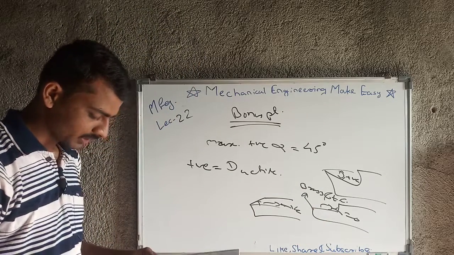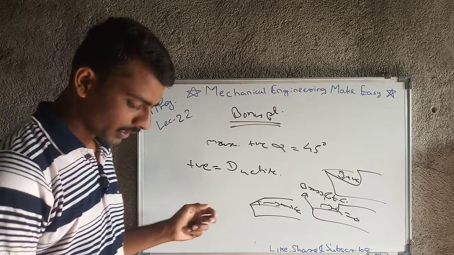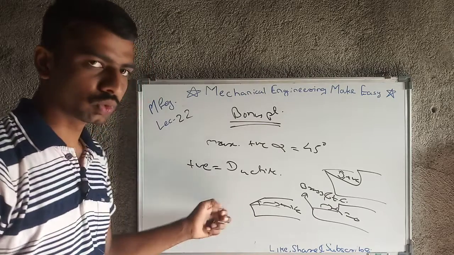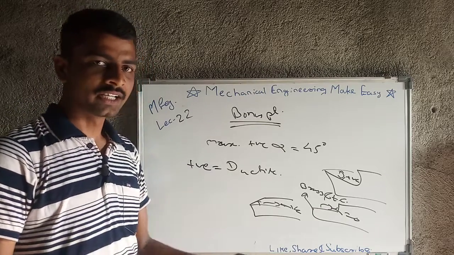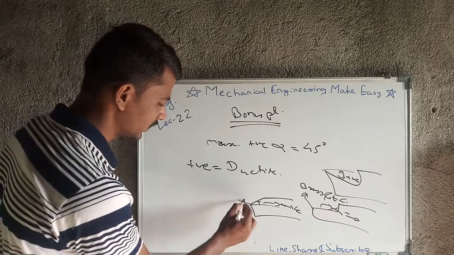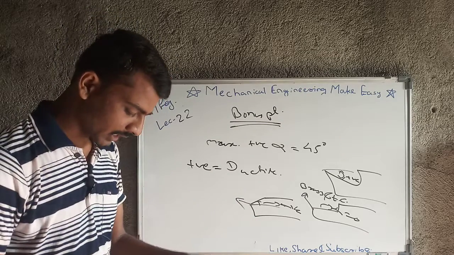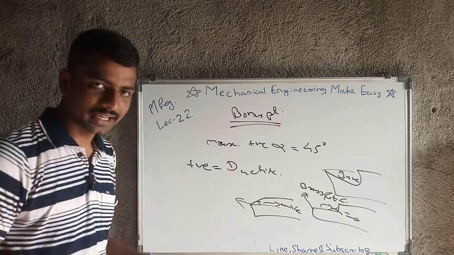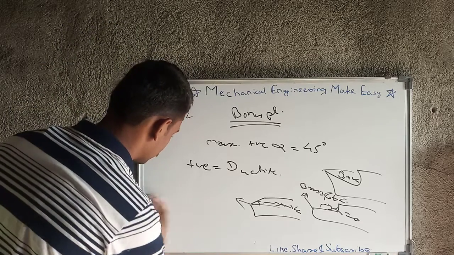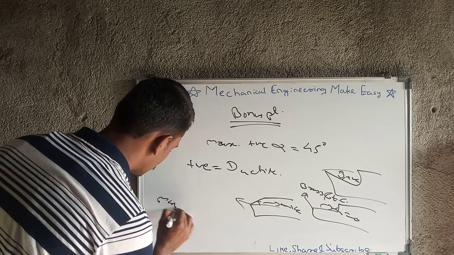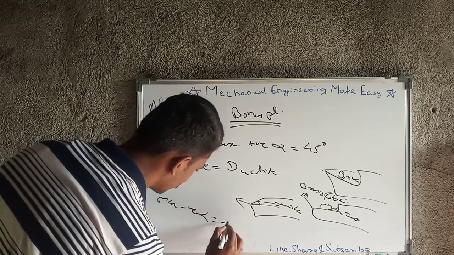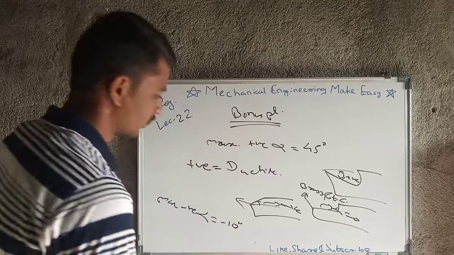Then the next parameter is negative rake angle, which will be for tool materials weak in tension. If the tool material is weak in tension, in that case we will use negative rake angle. And the maximum negative rake angle will be minus 10 degrees.